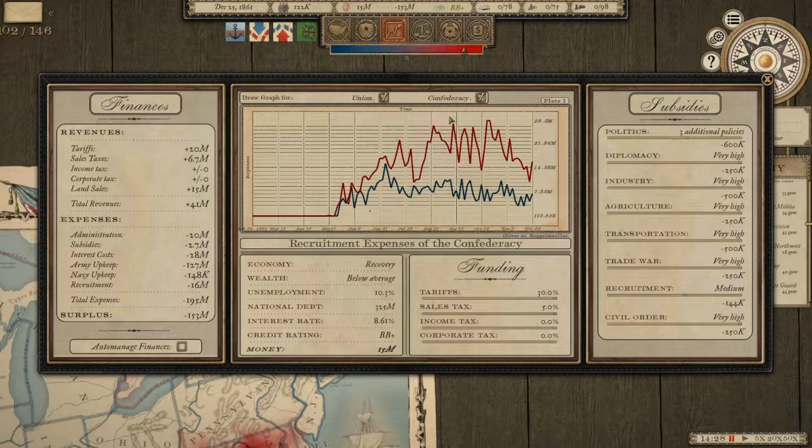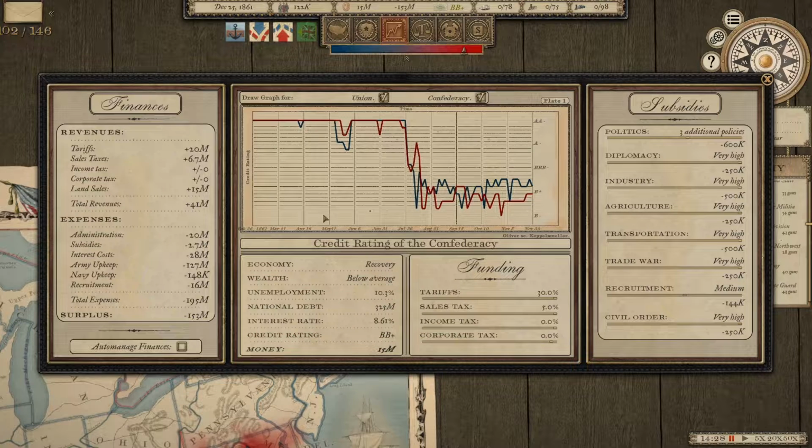All right, but back to the topic at hand here, which really comes down to credit rating. I guess just remind us where we are and how it's changed over time. Credit rating, which itself is a product largely of the balance of spending, which are your expenses over here in the bottom left-hand corner, and what you take in your revenues just above that.